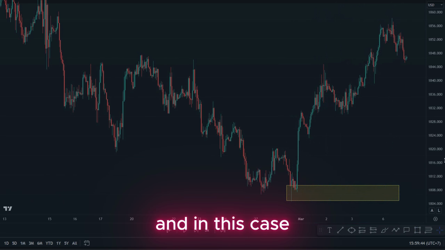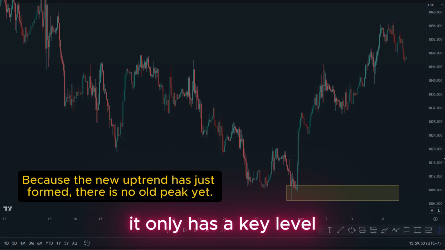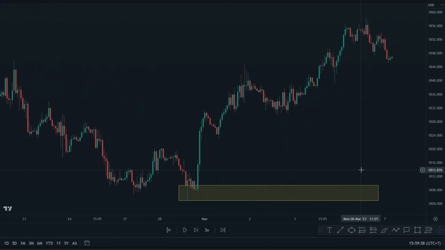And in this case, since the major trend has just formed, it doesn't have a previous high, it only has a key level. From here, we can also see that the key level of the major trend is also the point where the smaller trend begins. But in this case, there's something special here.